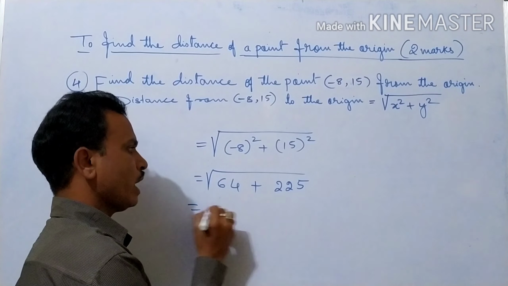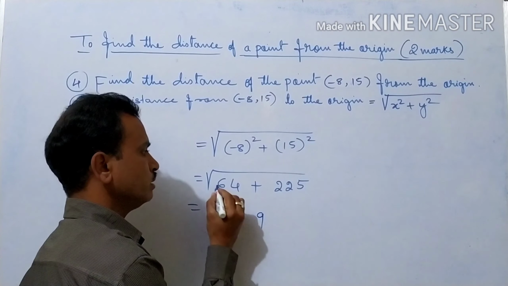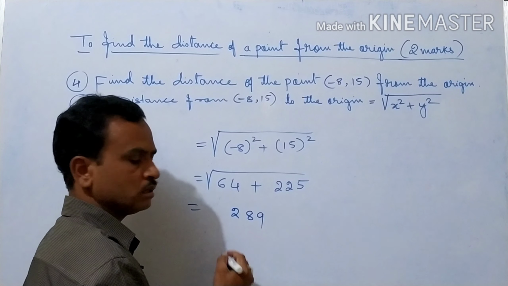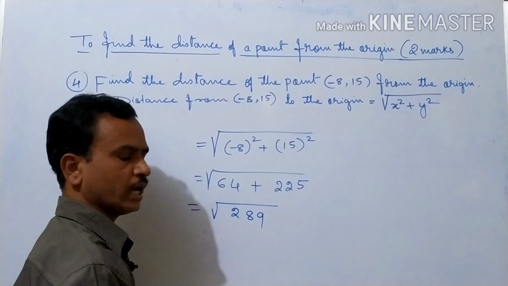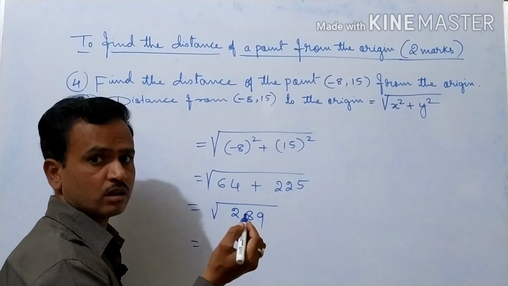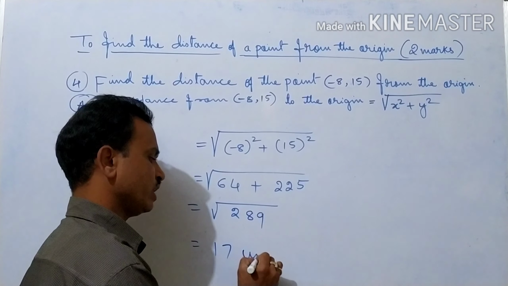Add these two values: 289. Square root of 289 is 17, since 17 17s are 289. So 17 units.